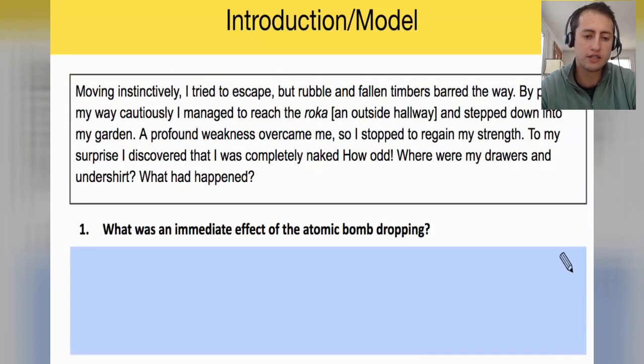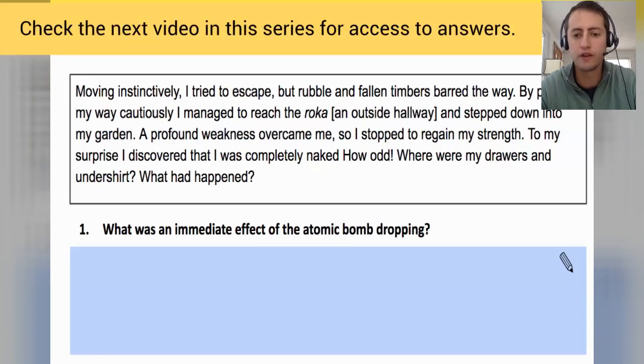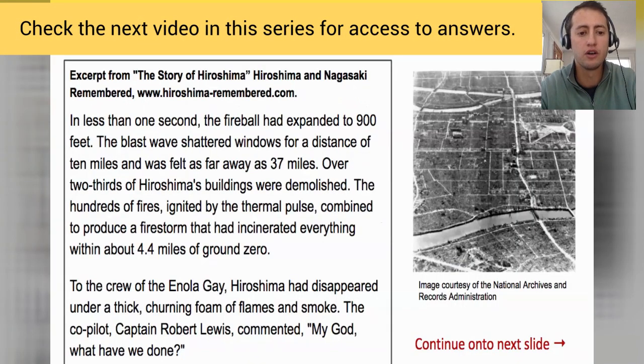So if you want to take a look at some answers, you can check out the next video, which talks more about this. But they are looking at primary source reflections of the bombings, both from the Japanese perspective and then also from the American perspective, from the people who were in the plane that dropped the bombs.